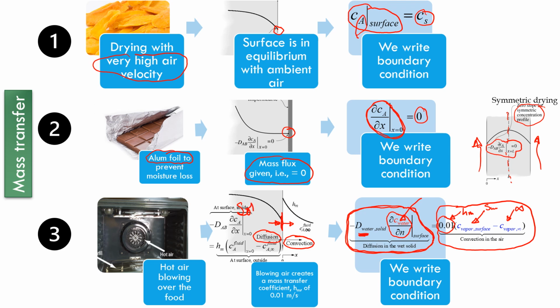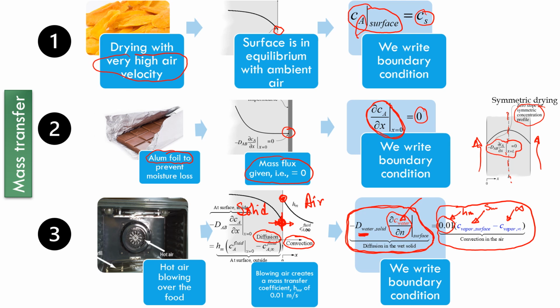So this is solid and this is air. These are not the same quantities. They are related. So at the surface, the moisture inside in the solid is related to that in the air outside. This relationship is there. But the point is they are not the same.